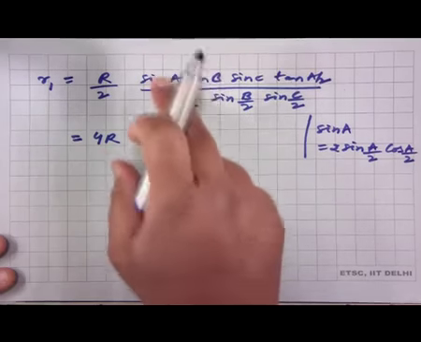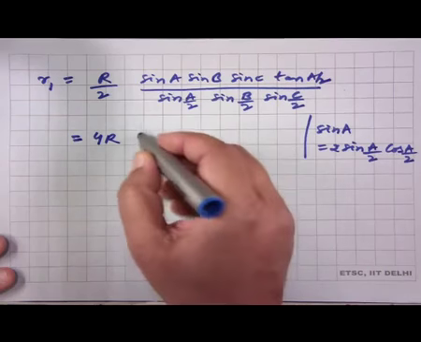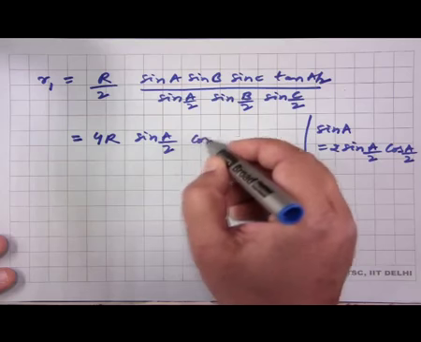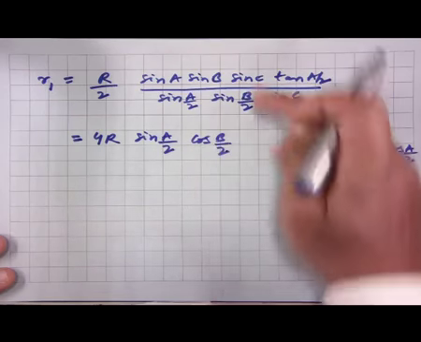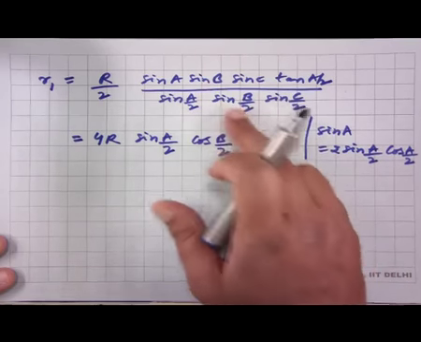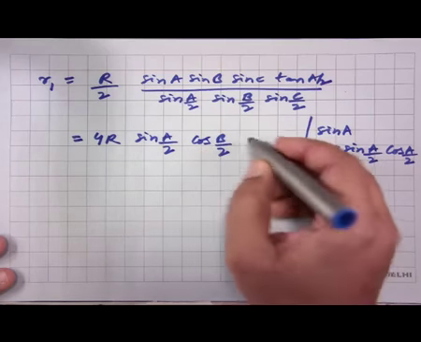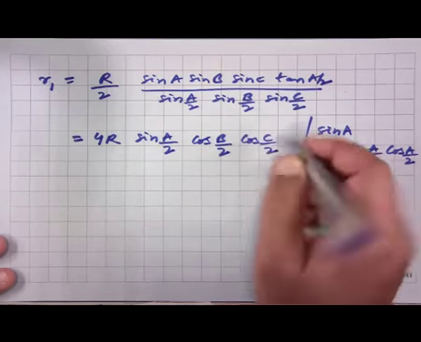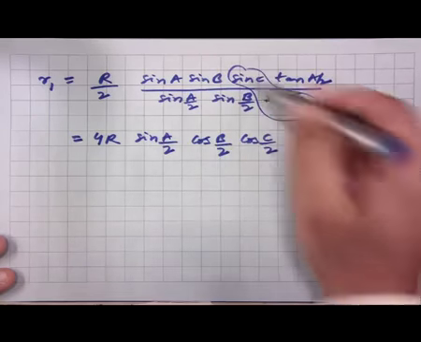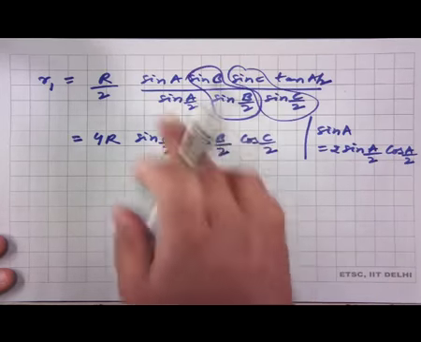Sin A/2 will get cancelled, we get cos A/2, but that will get multiplied with tan A/2, so we get sin A/2 here. When we write sin B in this form, sin B/2 will get cancelled, and what remains is only cos B/2 in the numerator, and cos C/2 from these two. So these two give cos C/2, these two give cos B/2, and the remaining gives us sin A/2.